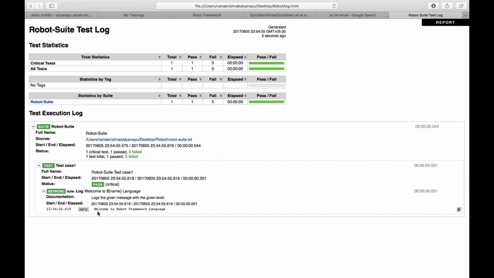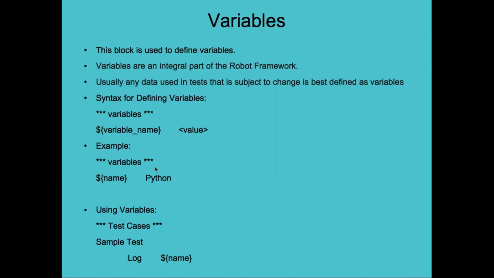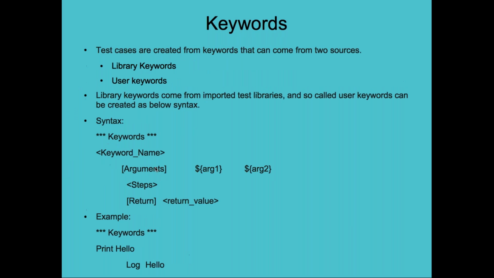You can see here, welcome to robot framework language. Like that you can use variables in test steps. So that is the use of variables.